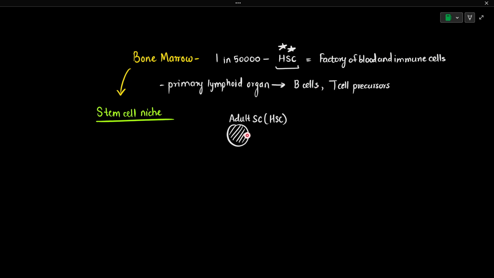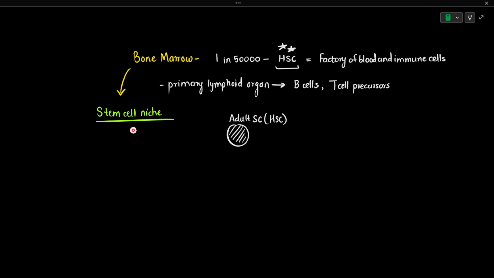So let's say that this is the hematopoietic stem cell. It is going to give rise to two daughter cells. Now the stem cell niche is going to decide whether that particular daughter cell is going to commit to a certain lineage, or is going to again form a hematopoietic stem cell. This will be decided by the particular niche that the adult stem cell is in.